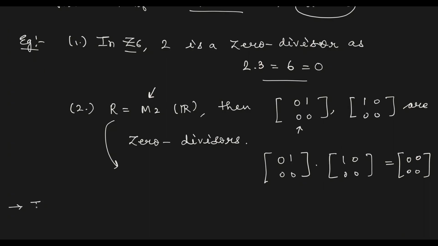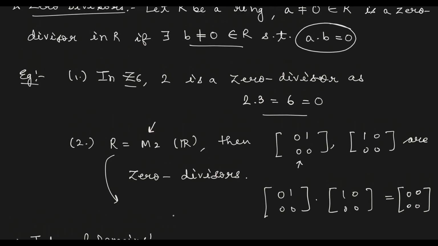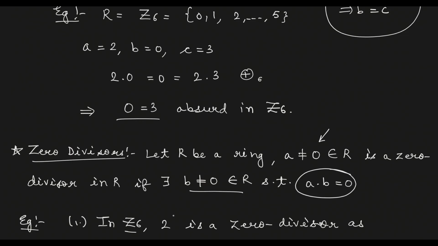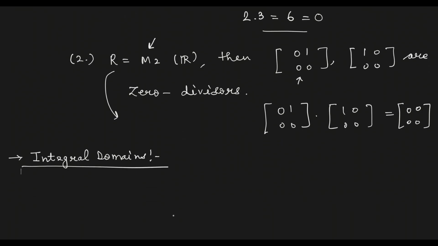Next, integral domains. So an integral domain is basically a ring which has no zero divisors. Let R be a commutative ring with unity.